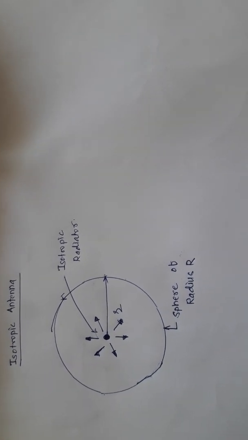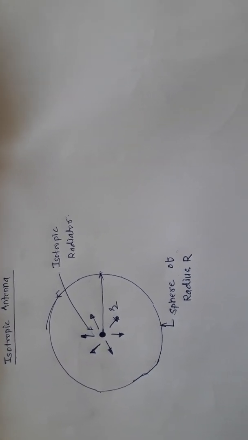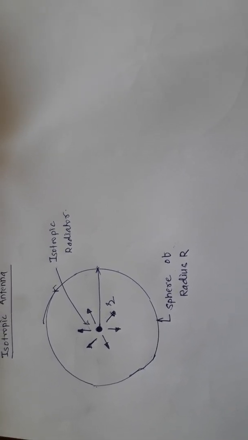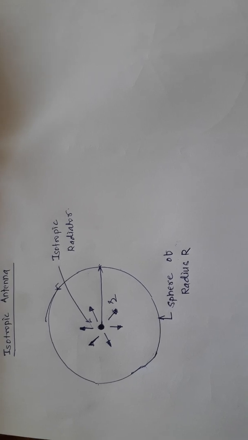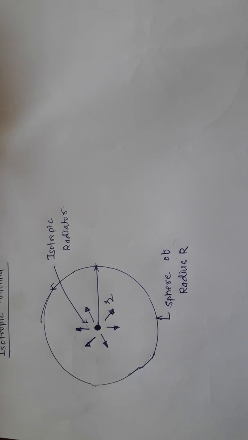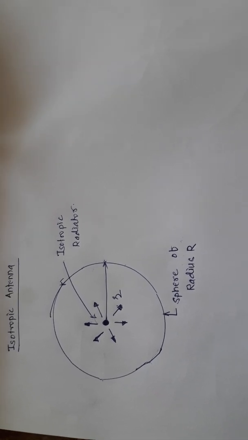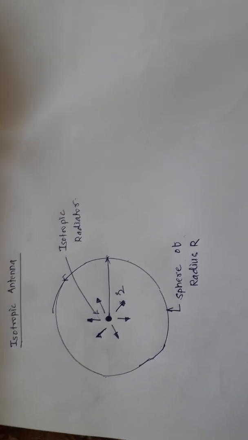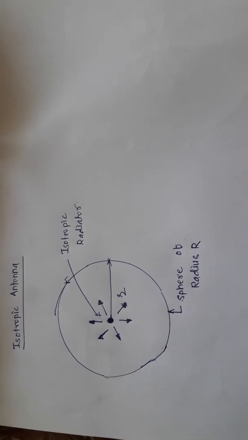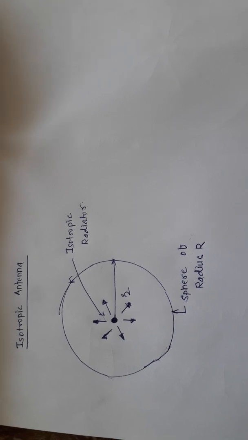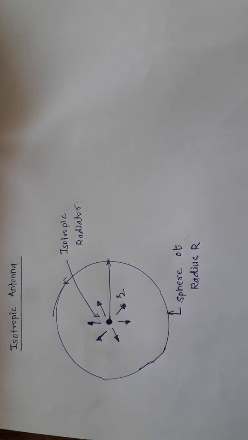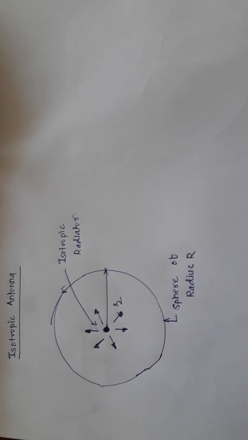We say that an isotropic radiator produces a spherical wavefront of radius r, and all the points at a distance r from the source lie on the surface of the sphere and have equal power densities. I will repeat once again: an isotropic radiator produces a spherical wavefront of radius r, and all the points at a distance r from the source lie on the surface of the sphere and have equal power density.